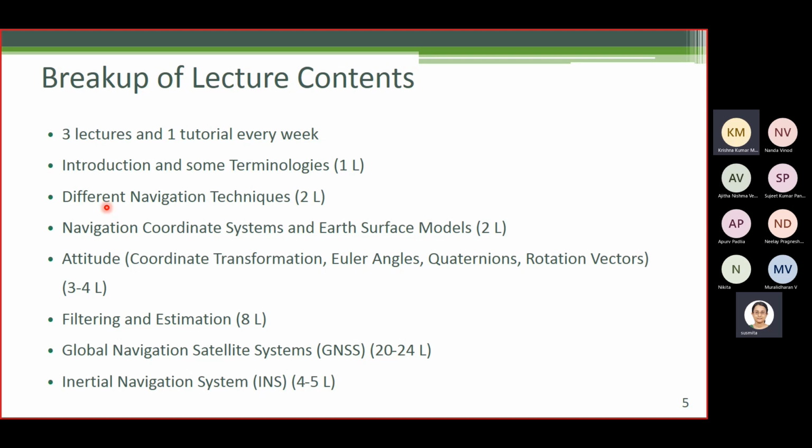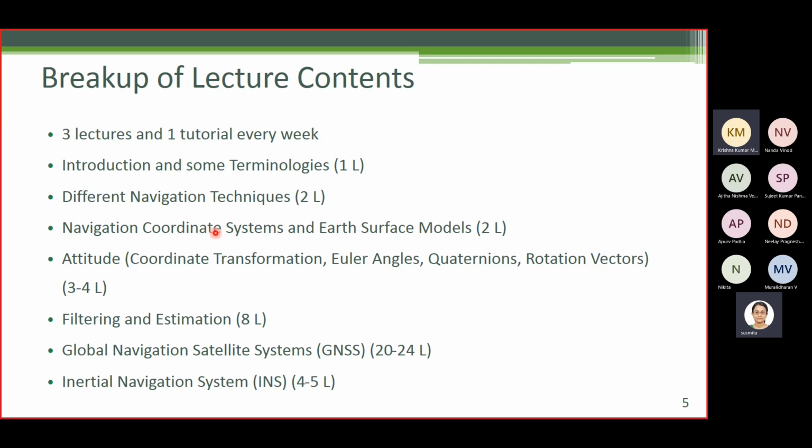So we cannot straight away get into satellite navigation. Okay, we need to prepare the groundwork. Without having the groundwork, it is not possible to get into the main part of this course. So we need to spend quite some time to build the foundation, and initially, starting from today, we are going to do that.